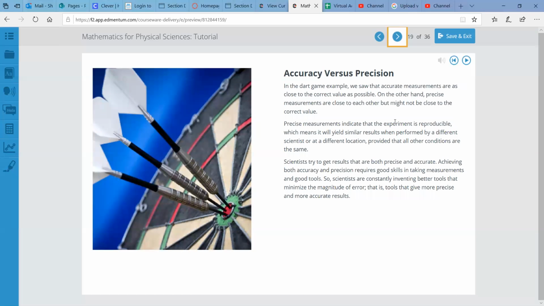Sometimes things are too expensive to have super accurate and super precise measurements, but that's a story for another time. But yeah, precise measurements: if someone else does the experiment and gets the same measurements, then it's precise, reproducible.